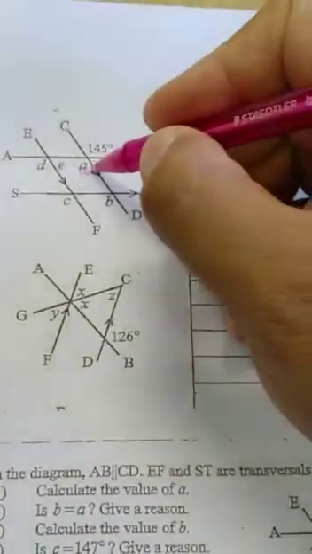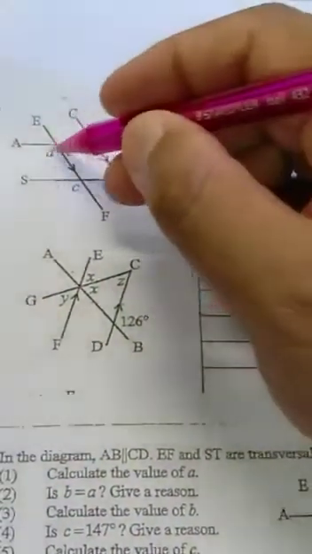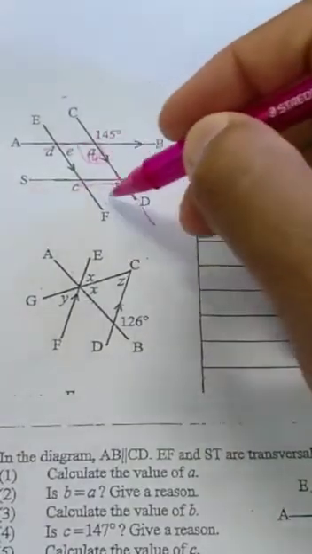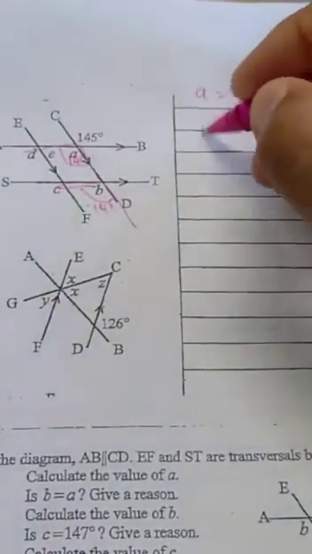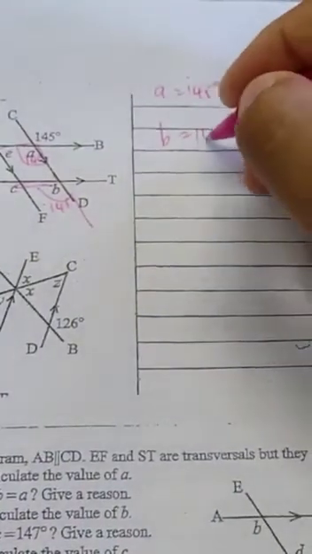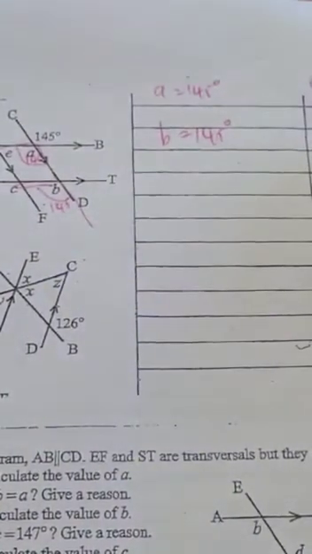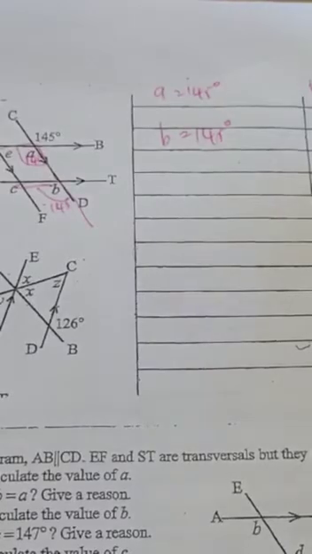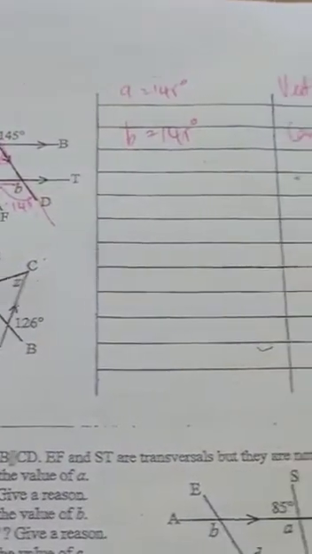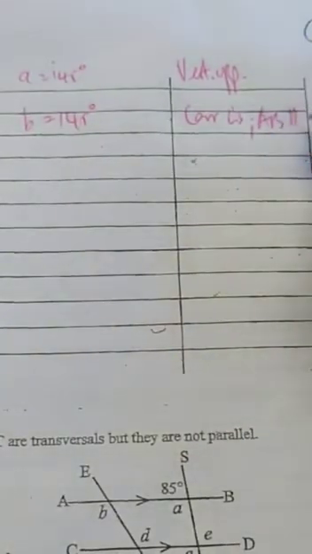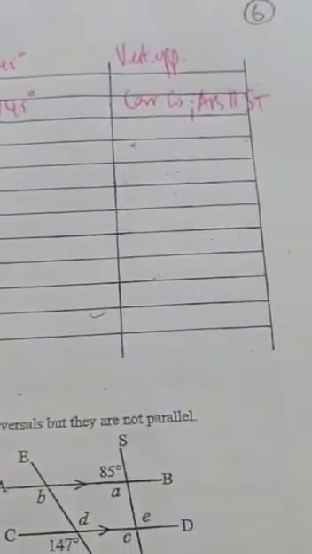As you can see, we fill it in on the diagram. You see there's an F being formed there. Corresponding angles are equal, so B is also 145. Corresponding angles with that F being formed like that. So it's AB being parallel to ST.